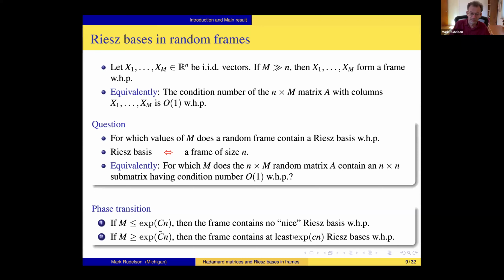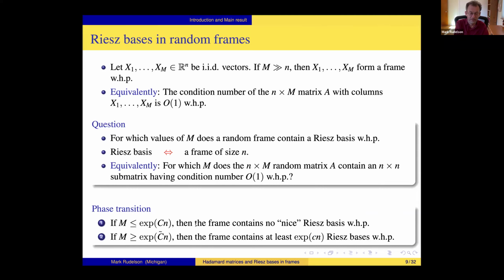And many means exponentially many. Of course, in this case, the constant C small is much smaller than this C tilde. By the way, it's a usual agreement in this kind of results that all constants are going to be denoted by C, and I don't care about the values of the constants as long as they are independent of the dimension.